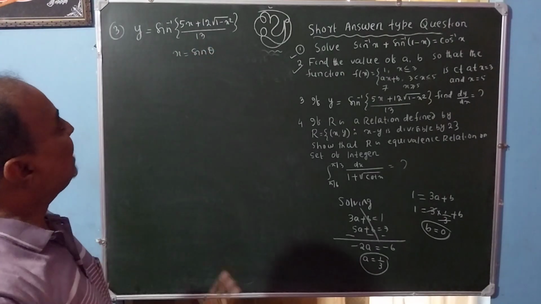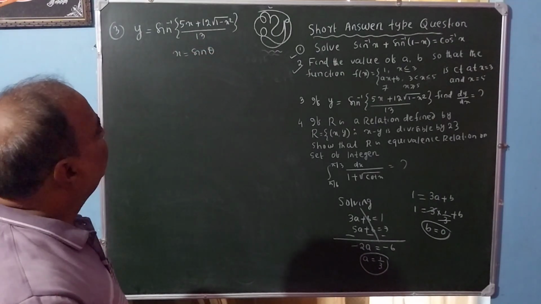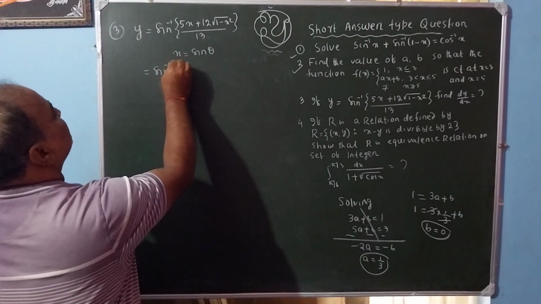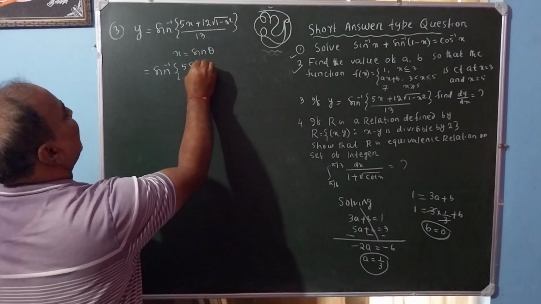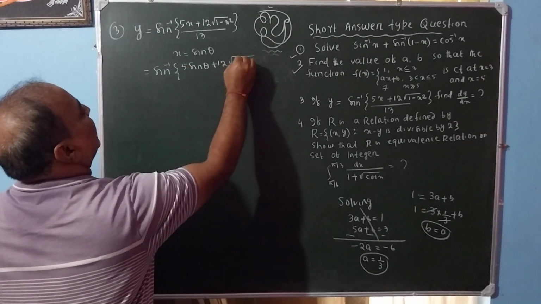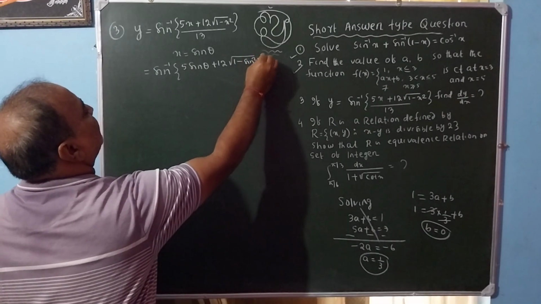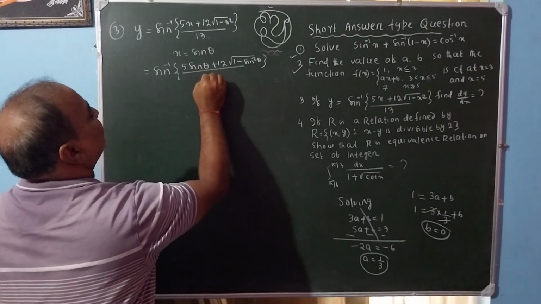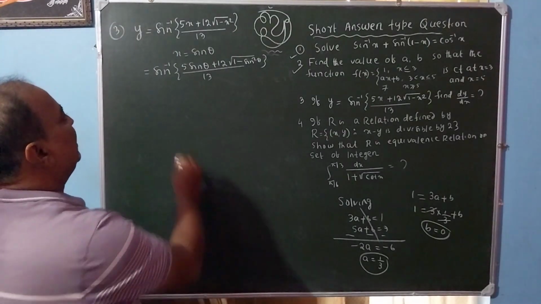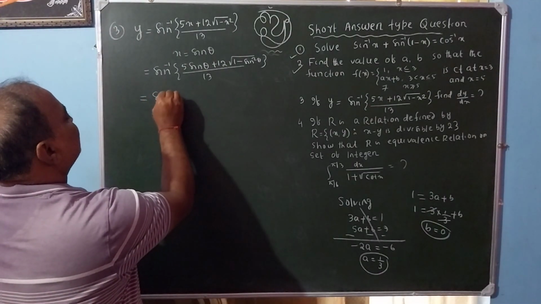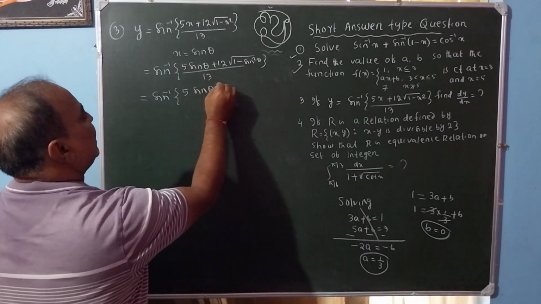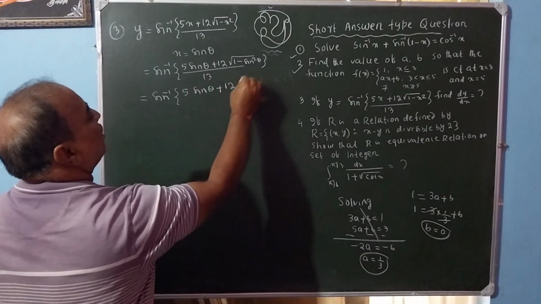So here we get sine inverse of (5 sine theta plus 12 square root of 1 minus sine square theta) divided by 13. 1 minus sine square theta is cos square theta. Here we get sine inverse of (5 sine theta plus 12 cos theta) by 13.